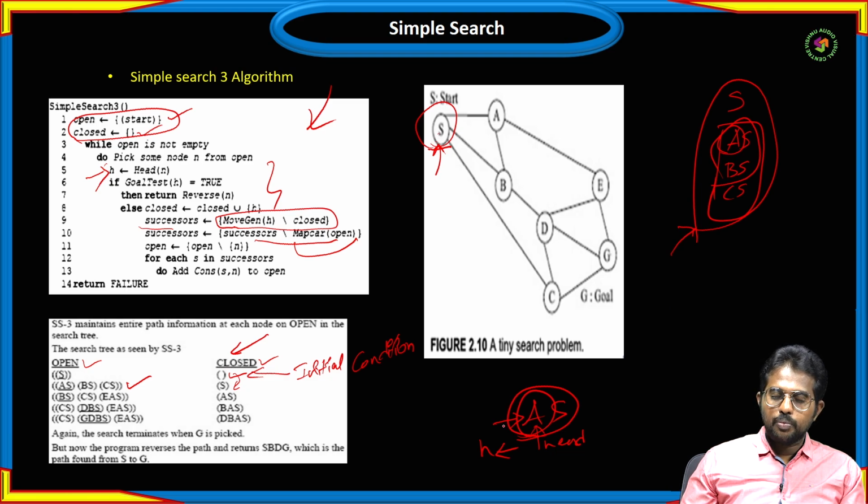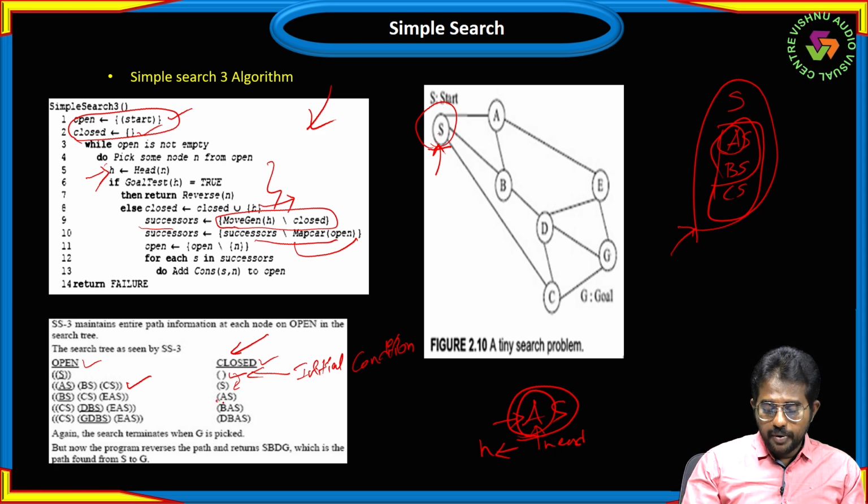So before applying the move-gen function, we have to move that particular A to the closed data structure. So A will be moved to closed.